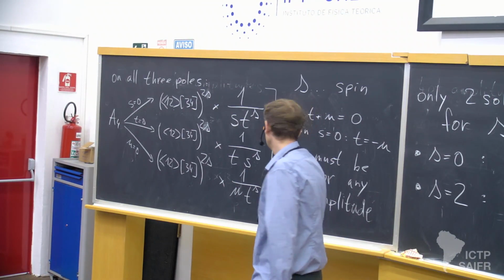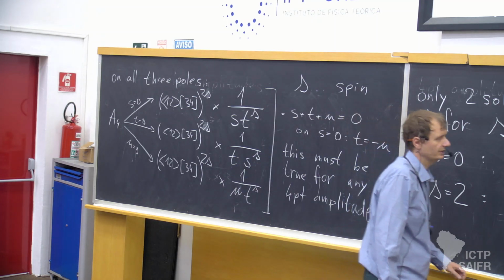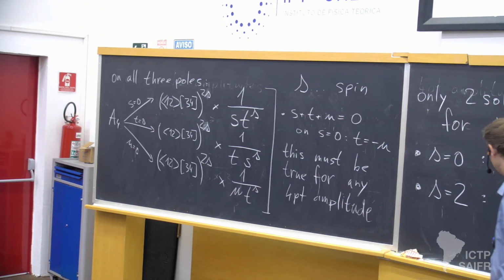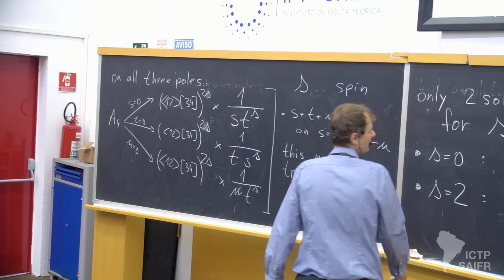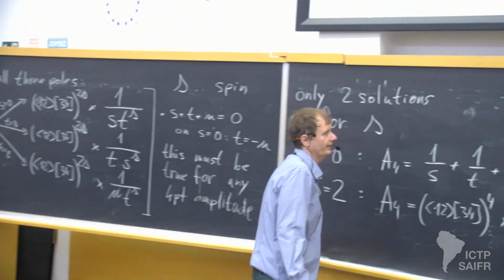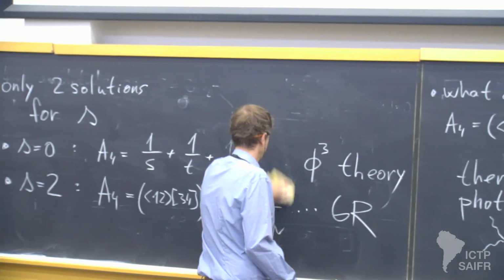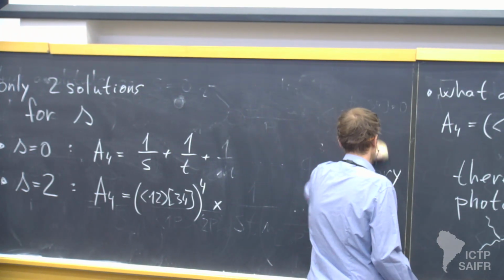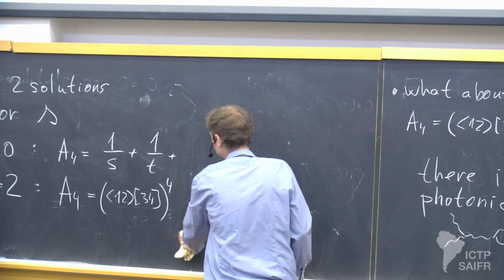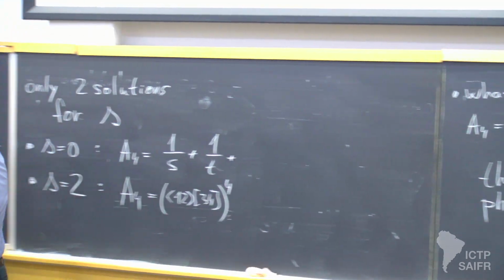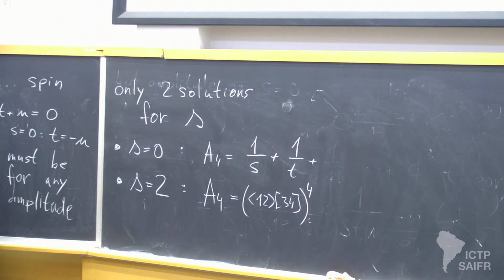Okay, so the problem was the compatibility between different channels. So I'll just erase something here. You need a function. You can forget this helicity prefactor. You see that it's the same, so you can factor it out.